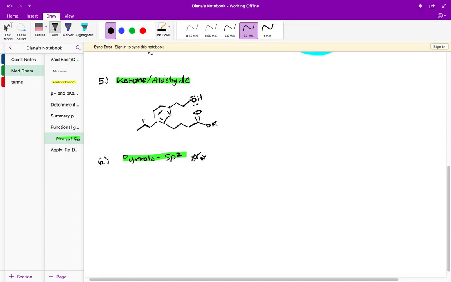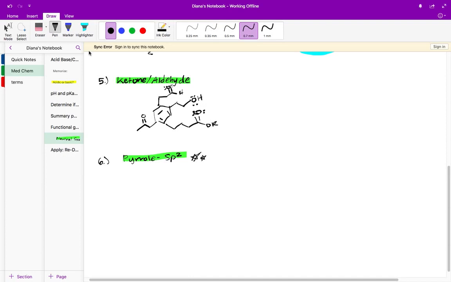Definitely not a real structure, but just for the purposes of showing the differences between some of these functional groups that you might think are the same. Okay, so bond angles here and me drawing this structure aren't technically accurate, but that's not the purpose of this. We're just looking at the functional groups.